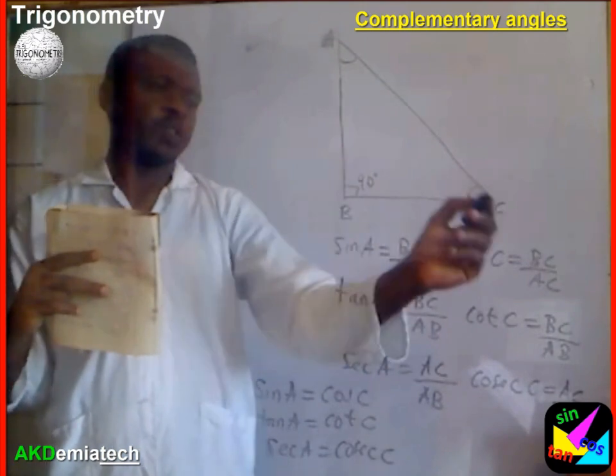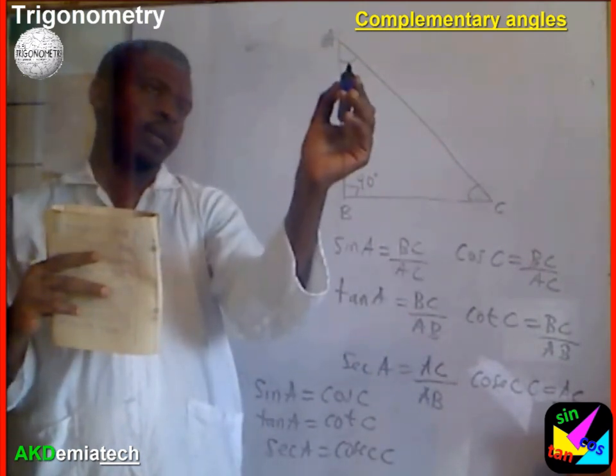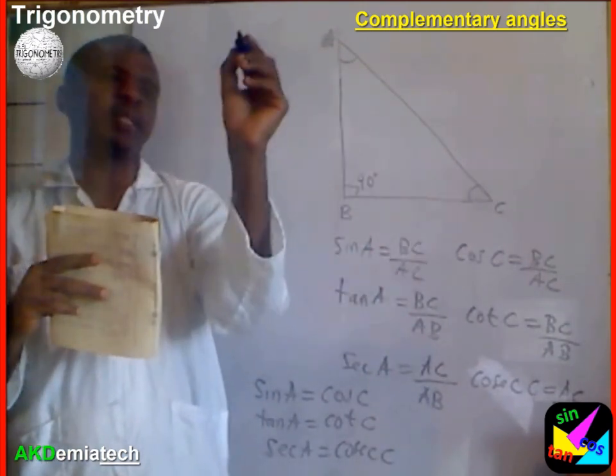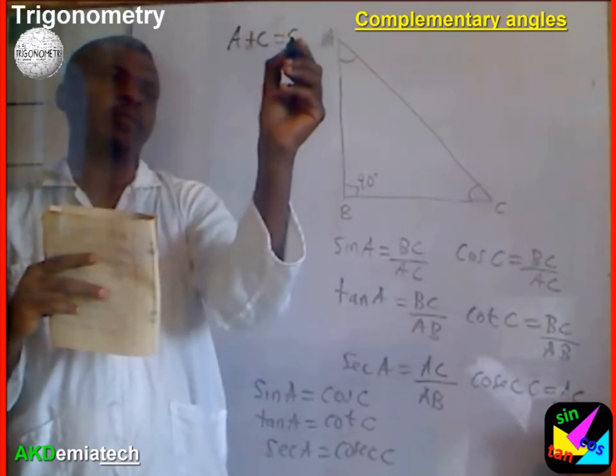From our given triangle, angle A plus angle C gives 90. A plus C is equal to 90.